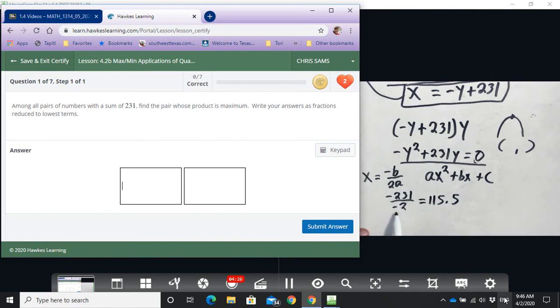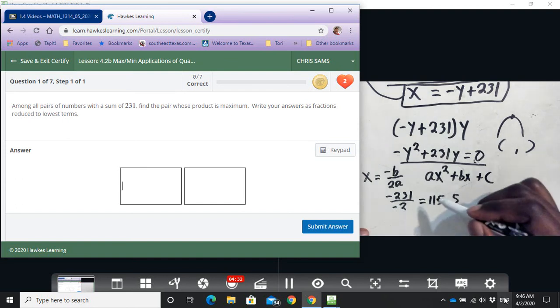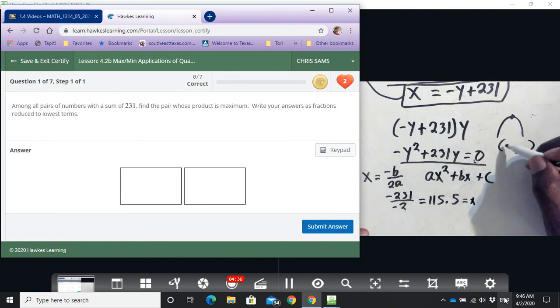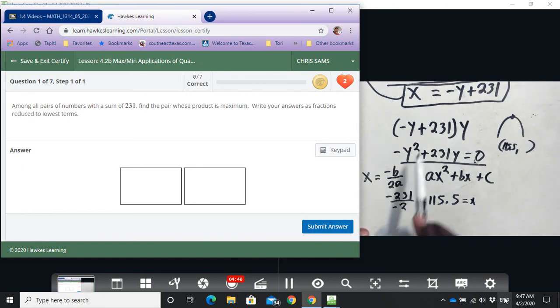Okay, negative divided by negative is a positive, and you get 115.5. Okay, so this is the x coordinate. That's the first value, 115.5. Or you can say it's y, because that's the one we solved for. So say this is equal to y.